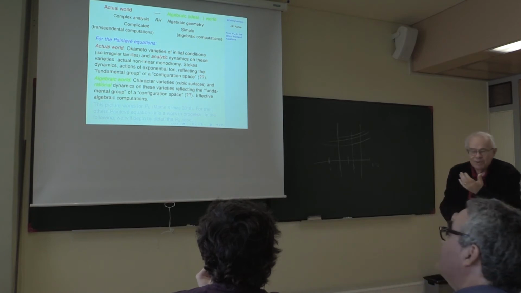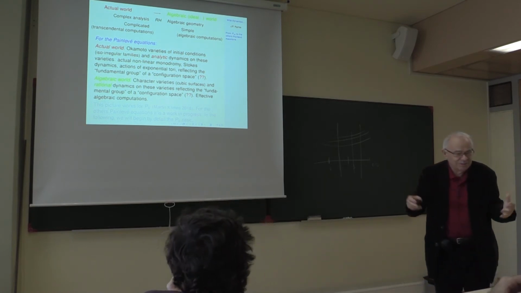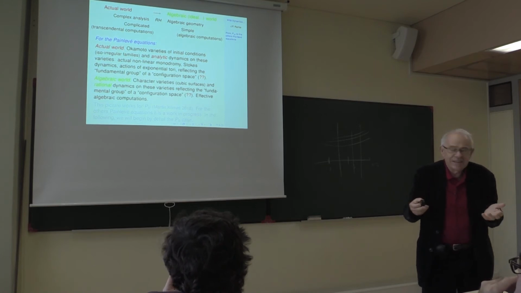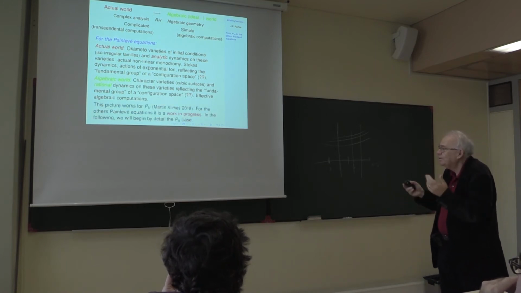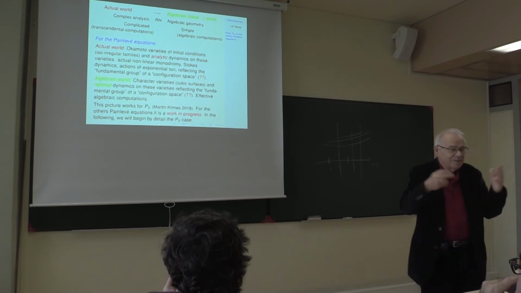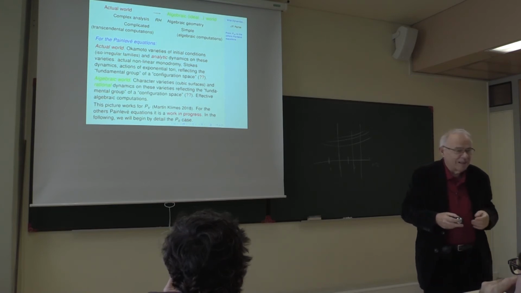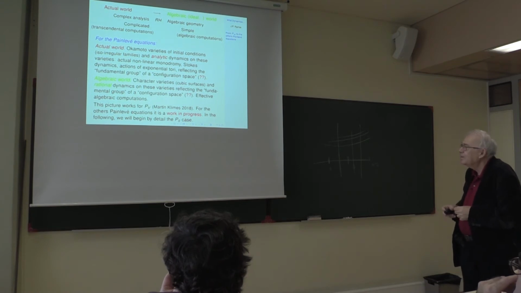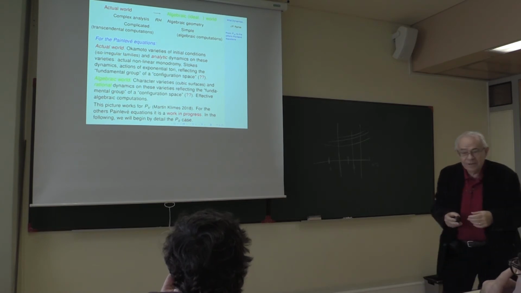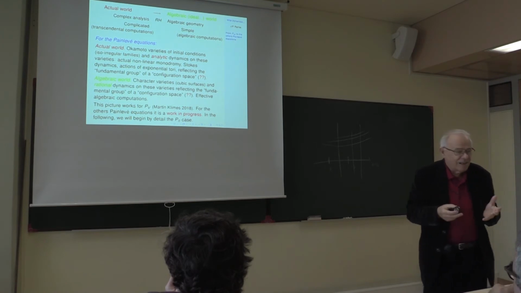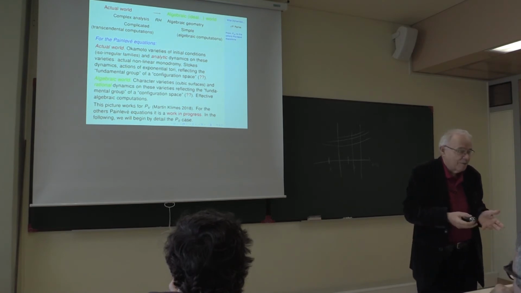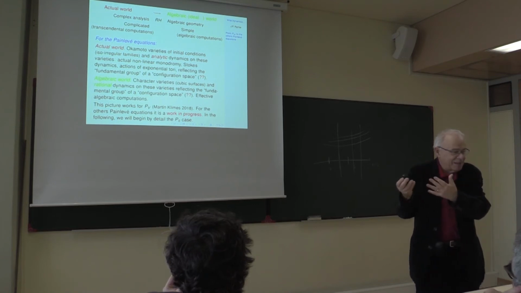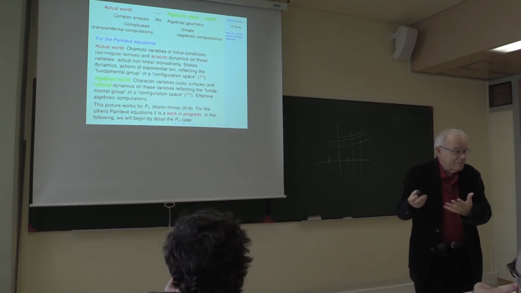The ideal world is the world of things living on character varieties, dynamics on character varieties, and even confluence at the level of character varieties. I am interested, of course, in the actual world, but I will try to describe the ideal world.